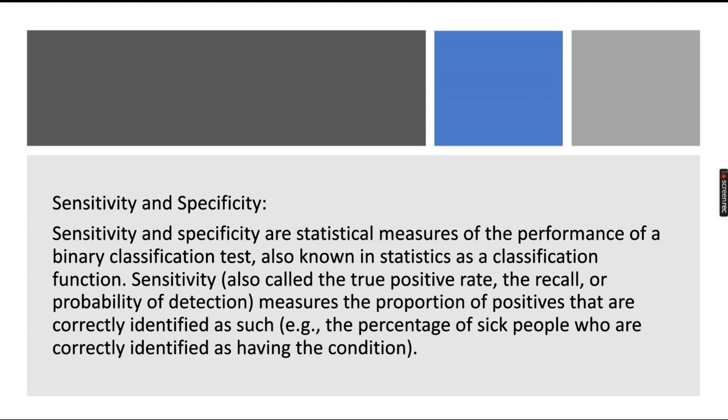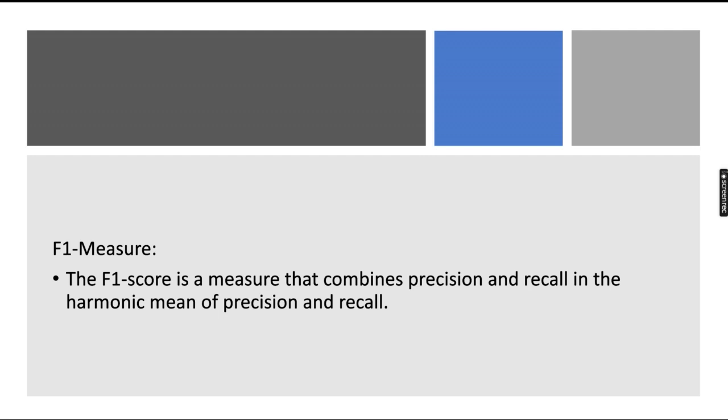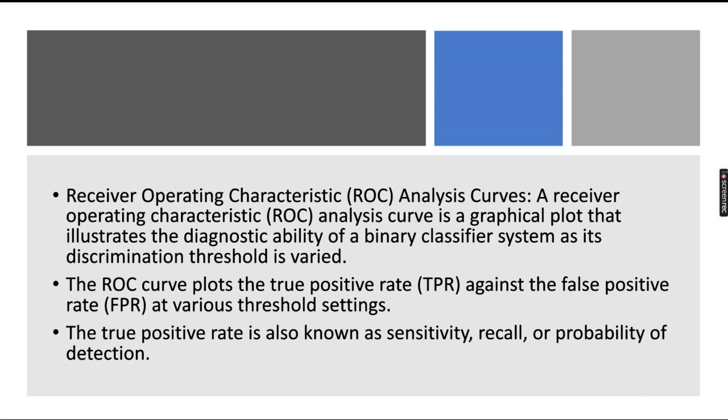Example: the percentage of sick people who are correctly identified as having a specific condition. F measure. The F1 score is the measure that combines precision and recall as the harmonic mean of precision and recall.